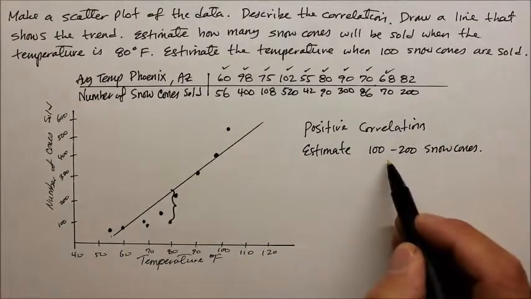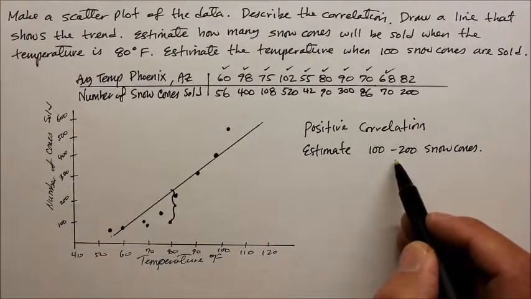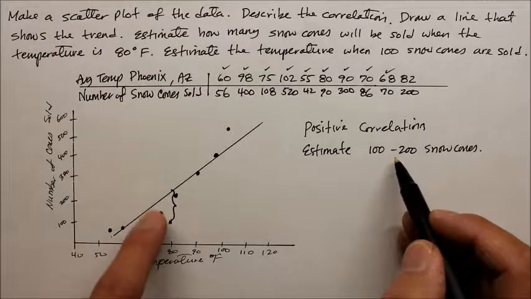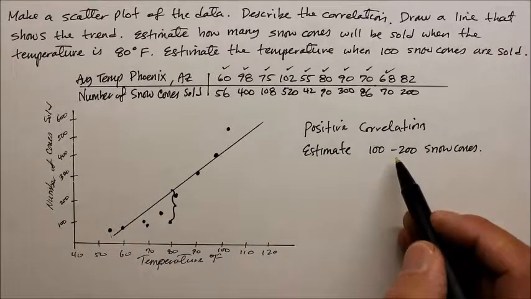If you want to make it average and say 150, it's totally up to you. It depends on who's requesting the information. Hey Johnny, it's 80 degrees outside. About how many snow cones do you think we'll sell today? Probably around 100 or 200 maybe. That's how you answer it.